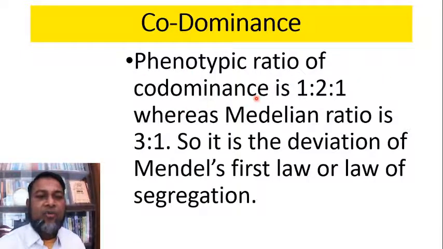The phenotypic ratio of codominance is 1:2:1, whereas the Mendelian ratio is 3:1. So it is a deviation of Mendel's first law, or the law of segregation.